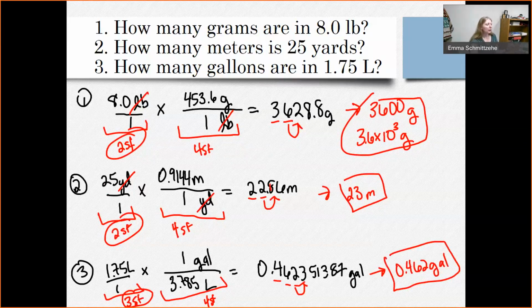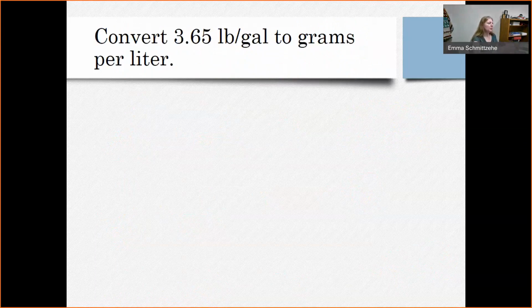Okay, now next up, we've got convert 3.65 pounds per gallon to grams per liter. So I have 3.65 pounds per gallon. It is helpful to write that as an actual fraction instead of this slash.